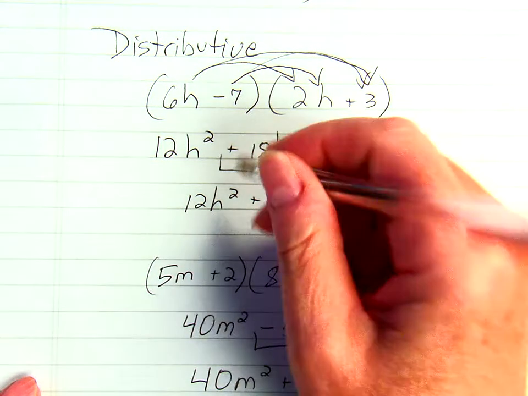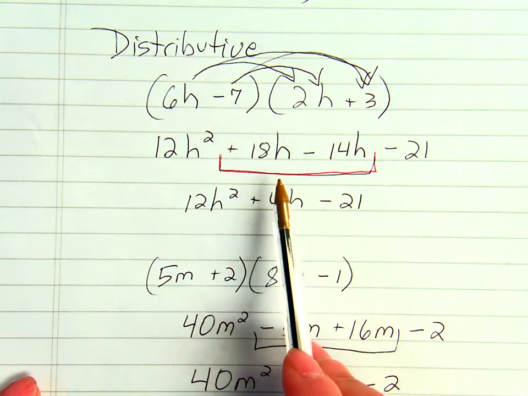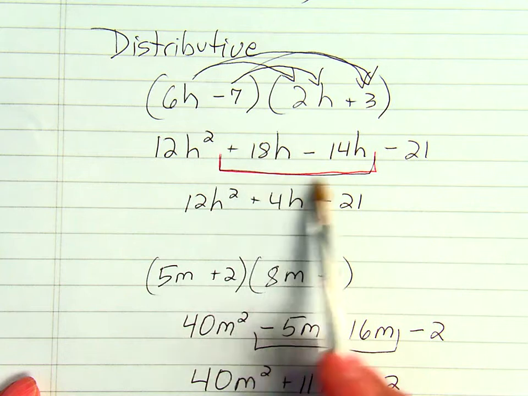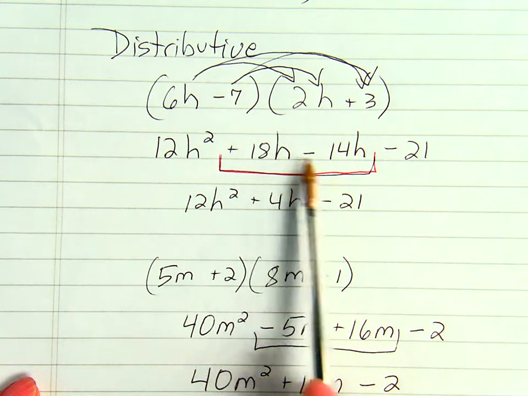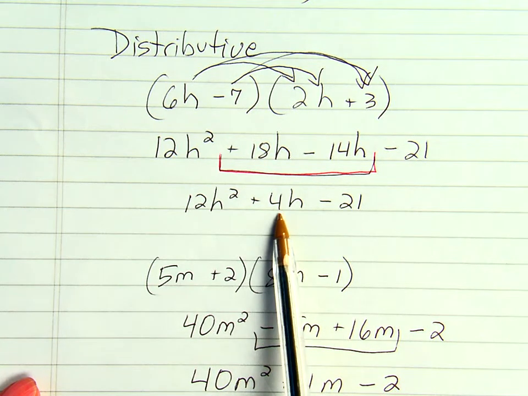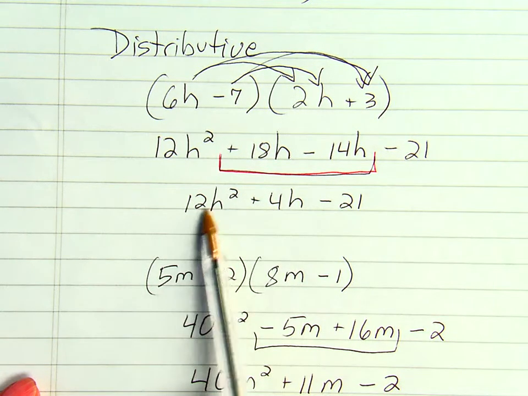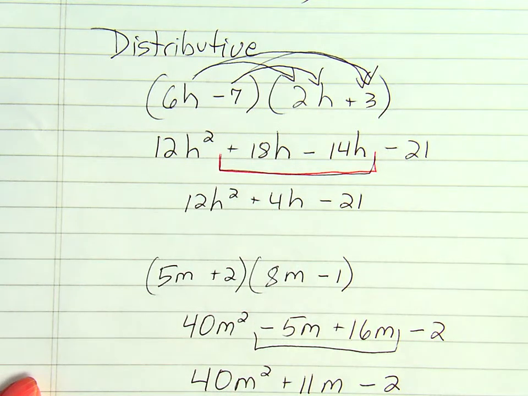Now what we have to make sure that we do is go ahead and combine like terms. Okay, so when we combine our positive 18h with our negative 14h, we end up with the positive 4h, giving us 12h squared plus 4h minus 21. Okay, so that was our first example.